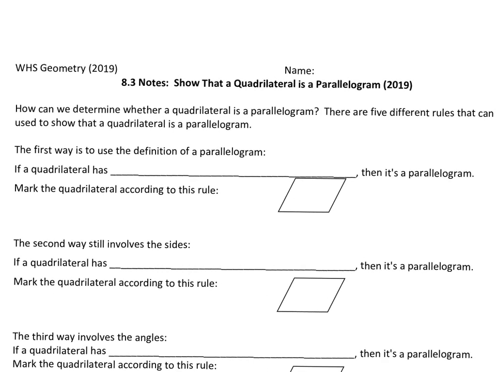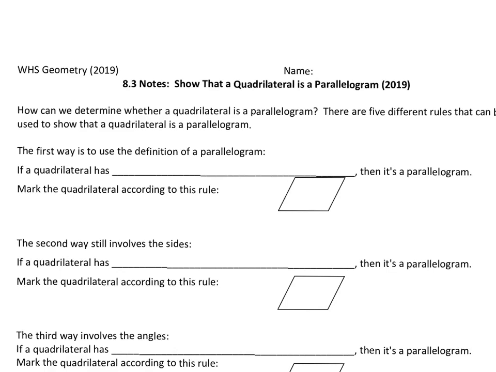If a quadrilateral has both pairs of opposite sides that are parallel, then it is a parallelogram. So if a quadrilateral has both pairs of opposite sides that are parallel, then I know I have a parallelogram.